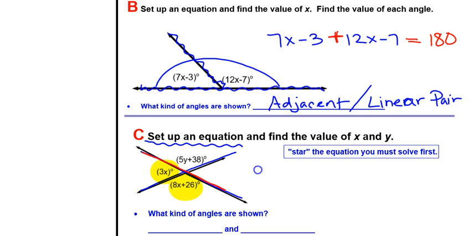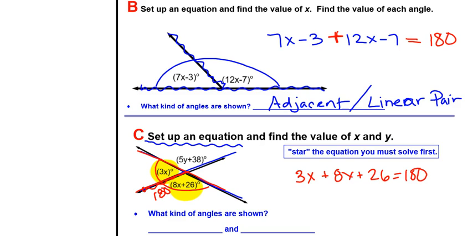And when I look at that, do you see the shared side between these two angles? Those guys right there make 180 degrees. So I would write, like we did in B, 3x plus 8x plus 26 equal to 180 degrees.